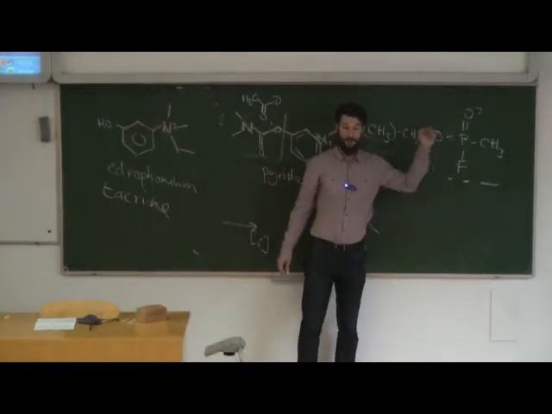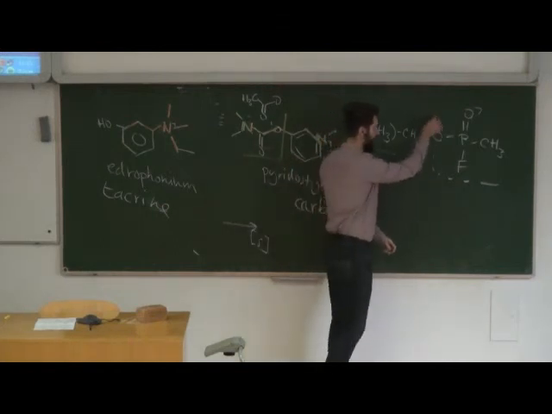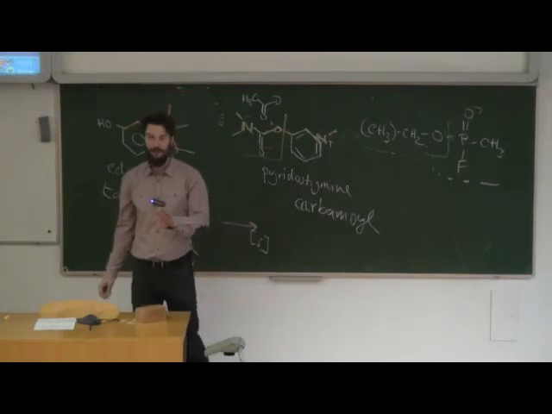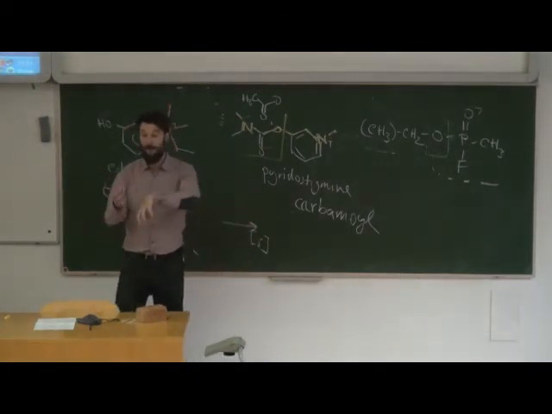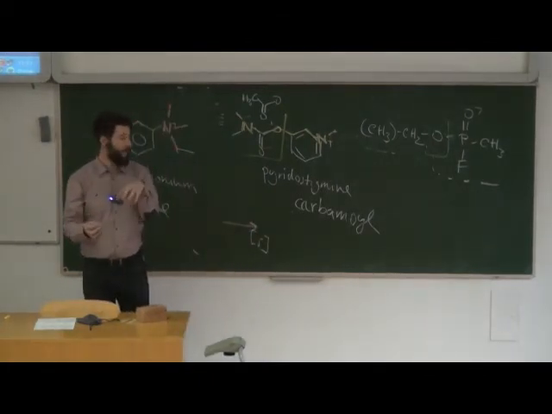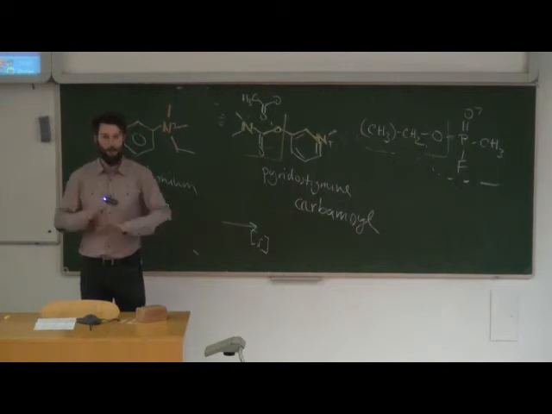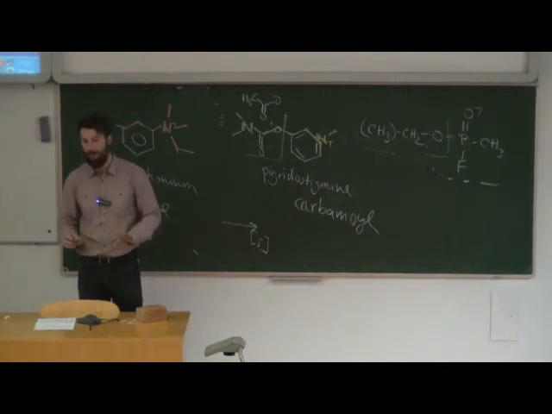Now, this interesting group gets released from the molecule the same way as before. It binds to the serine, and when it's bound there, it basically never leaves. Okay, it's almost completely irreversible inhibition. So it blocks the enzyme, kills the enzyme, and that's it.